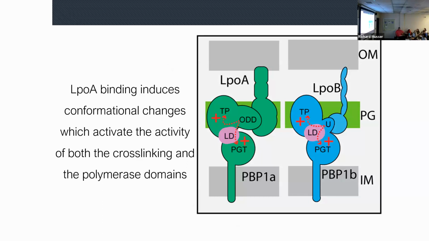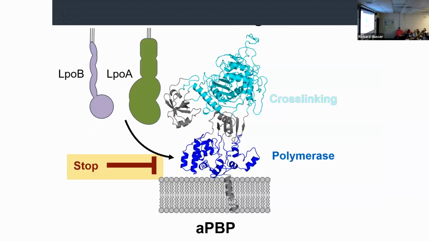Separate research found that this is likely to be true in PBP1B as well. So now we know that lipo-A and lipo-B bind to the cognate class A penicillin binding protein and activate both the polymerase and cross-linking activities. The next question is, what stops? How do you terminate synthesis?